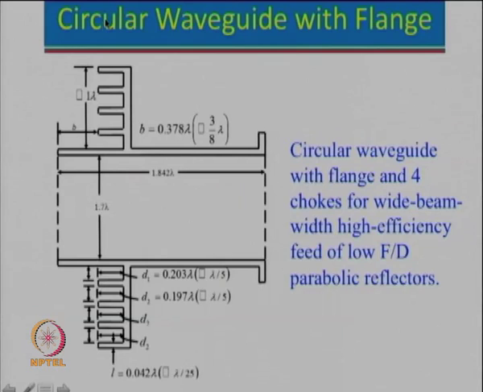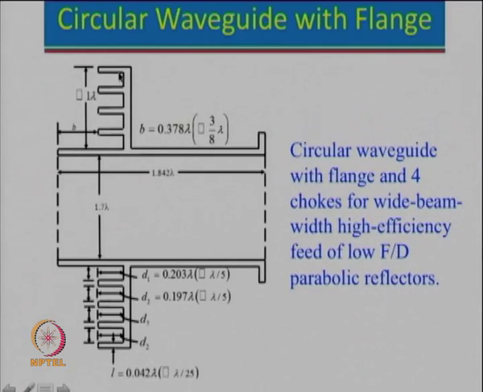What you see here is a circular waveguide, and along this waveguide there are circular flanges all around. So, the circular waveguide with flange, and there are these 4 chokes. So what happens is that if the wave is coming through here, then the scattering will not be much.